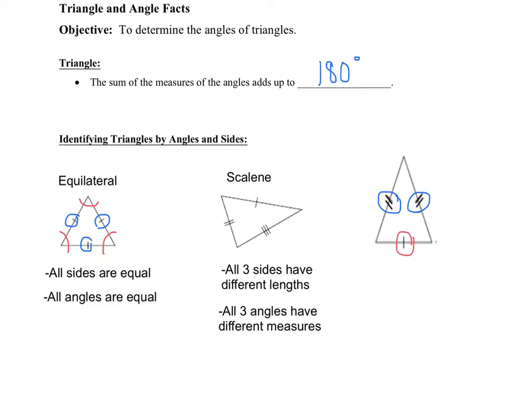In an isosceles triangle, 2 sides are equal, or have the same length, and if 2 sides are equal, then 2 angles are equal. An easy way I like to remember isosceles: in the word isosceles, we have S-O-S, and that indicates 2 sides are equal.